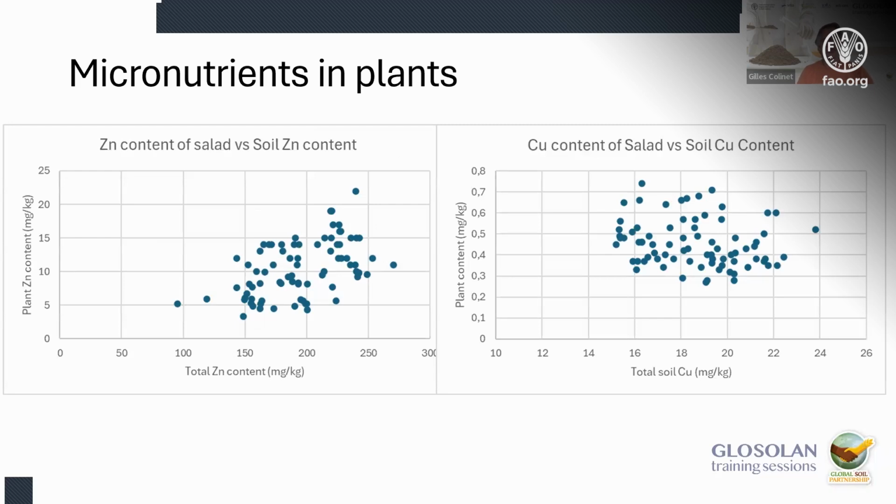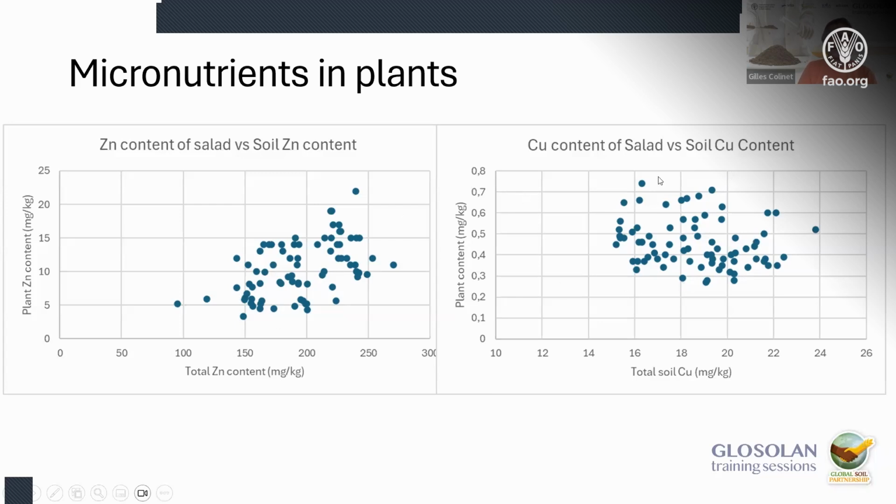So I just put this to show, but of course, if you want to see a relationship between the element in the soil and the element in the plant, if you want to see a linear relationship, you must be in the conditions of deficiency. It's easier. Here is an example of measurement that we made in salads, where we measured zinc content and copper content.